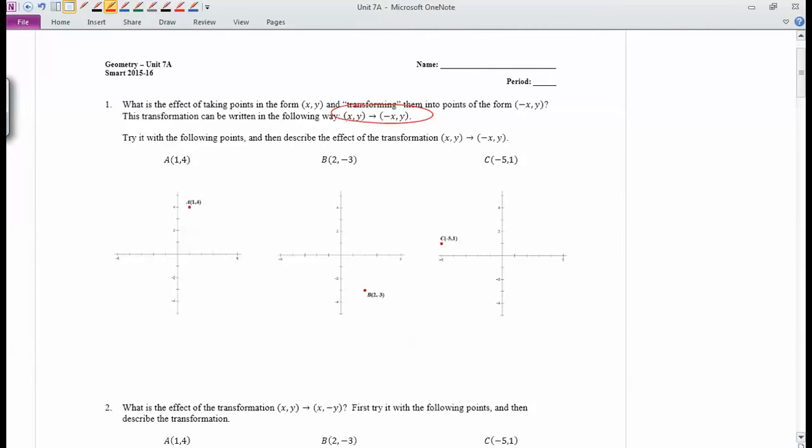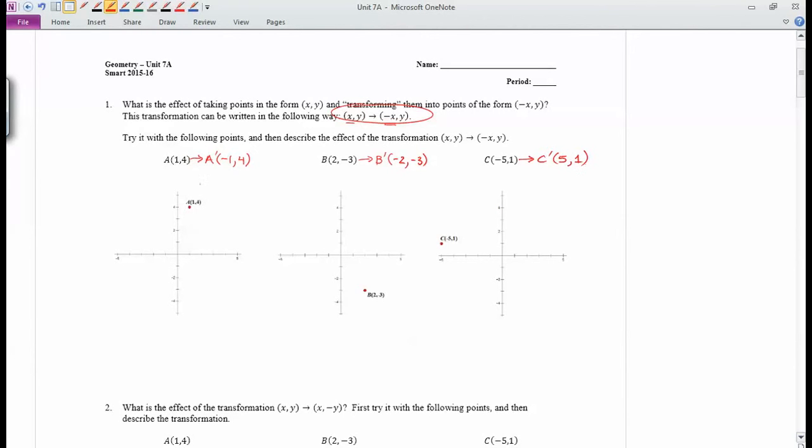A is (1, 4). Now notice the only thing that changes is the x becomes negative. So A is going to turn into A prime. I'm just going to change the sign of the x and keep the y the same. In B, same deal, B prime, I'm going to change the sign of the x-coordinate, negative 2, and the y stays the same. And then C prime, I'm going to change the sign of the x-coordinate, so that becomes positive 5, and then the y stays the same.